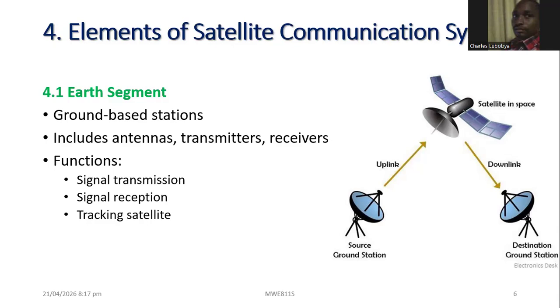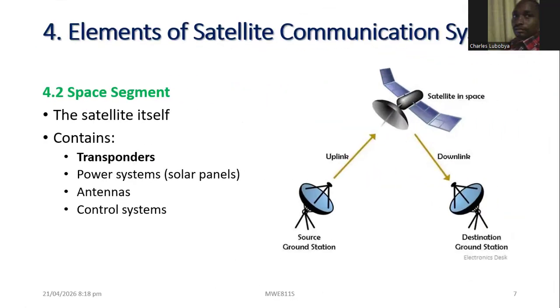Then the second element, which is also very important, is the space segment. The space segment is where you have the actual transponder. You notice that it has to be powered. It has a power system, usually powered from solar. It will have antennas for receiving the signal from the earth station, and the same antenna for transmitting the signal to the destination ground station.